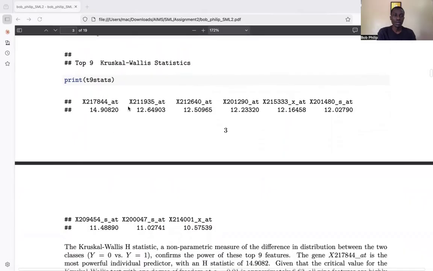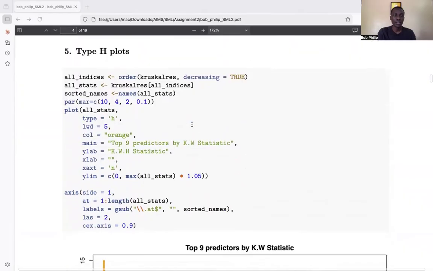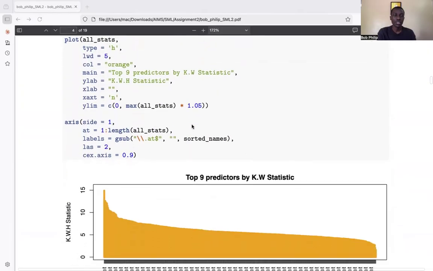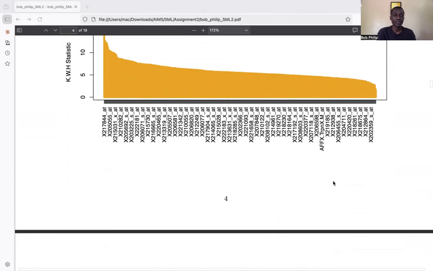I chose those 9 and plotted H plots to see how feature importance looks for the 500 features. You can see we have a few of them at the peak end, and the bad ones are also not that bad.